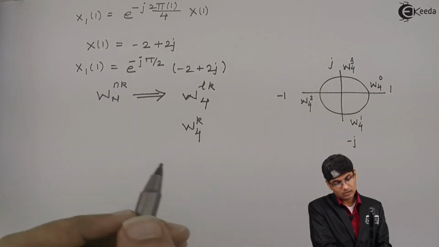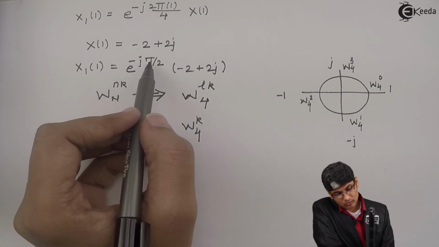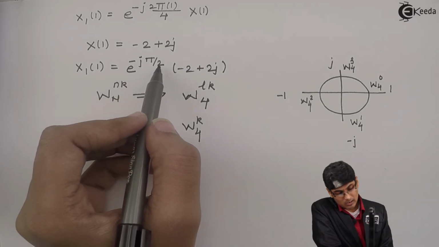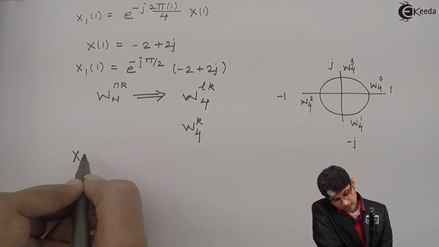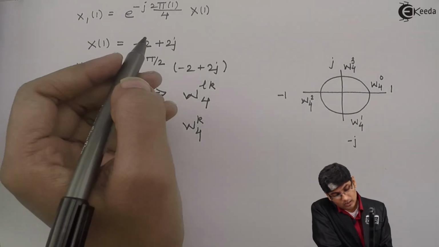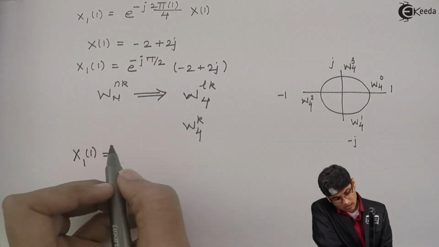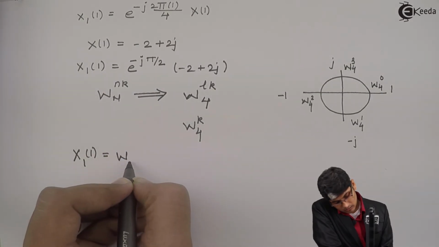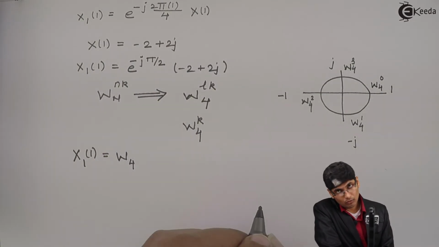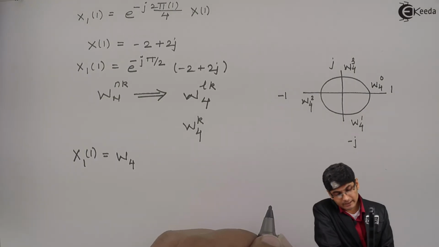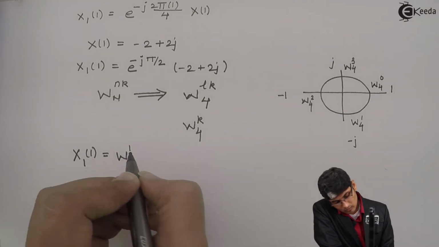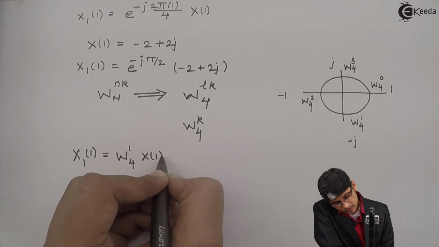Okay. Now, the factor that I have is e raised to minus j pi by 2. This similar thing I can write as x1 of 1 equals to, now here instead of e raised to minus j, I will write W with period as 4, L and k both are 1. So, I will write W 4 raised to 1 times x of 1.